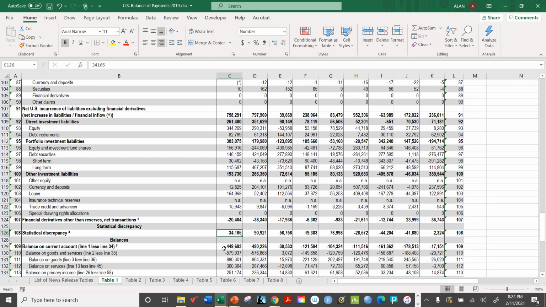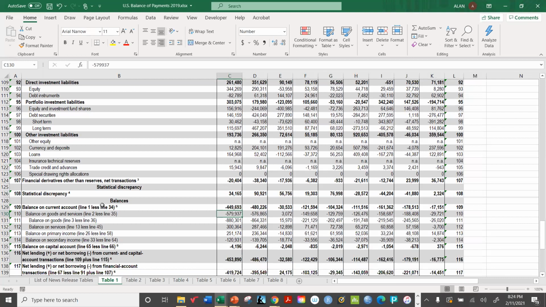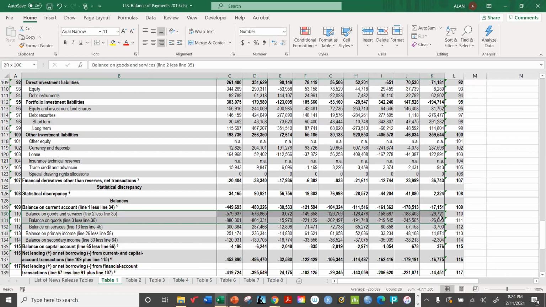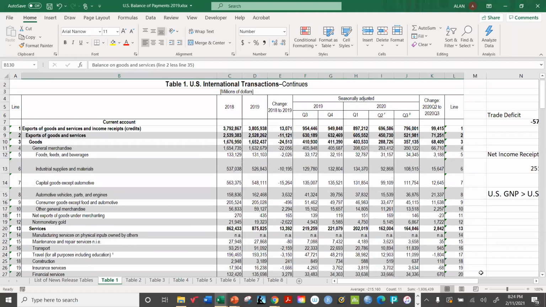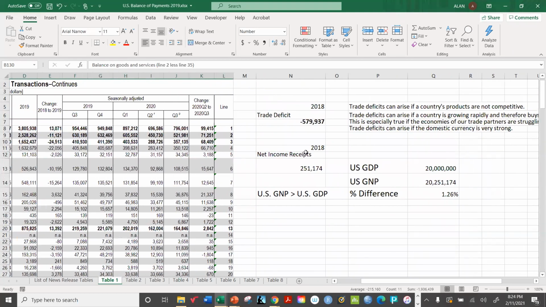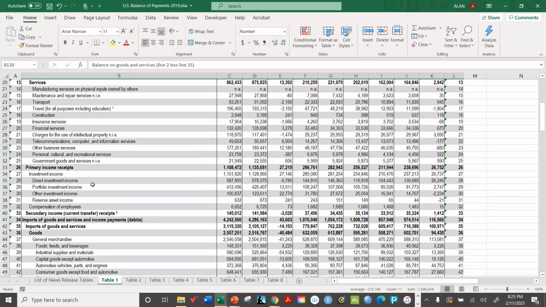And finally, this right here is the balance in the so-called current account, of which, as we've already seen, this is the trade deficit. Right here. Sometimes it's hard to tell by the way they word this stuff, but we've already proved for ourselves: negative 579, roughly negative 579,937.